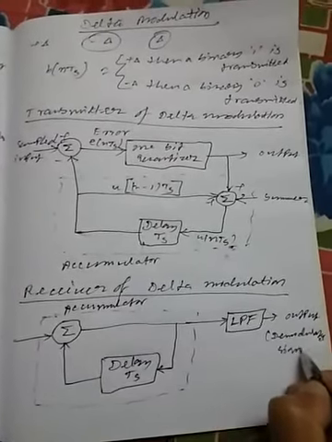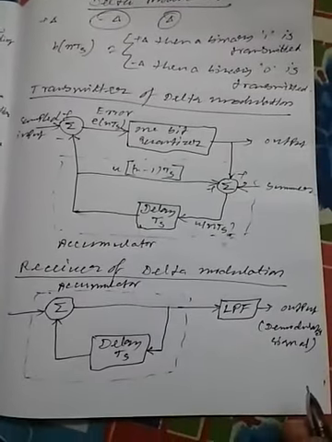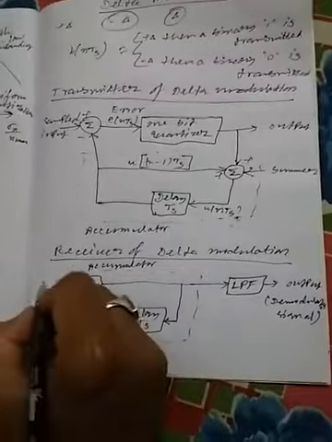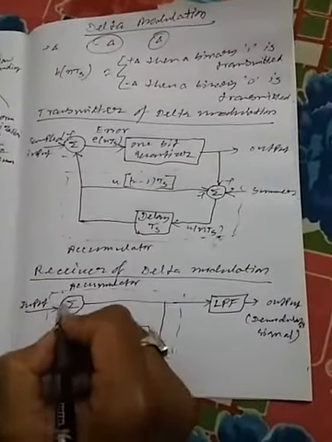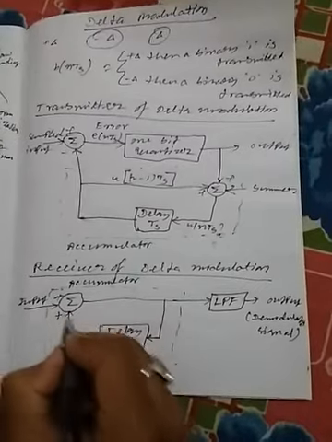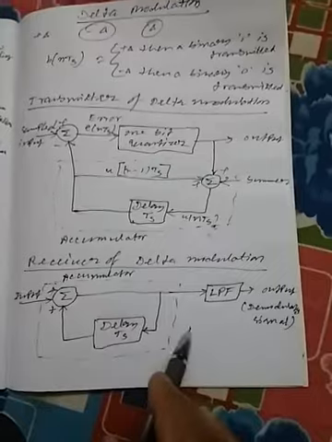Here is the input and this is positive feedback. So this is the receiver portion of delta modulation.